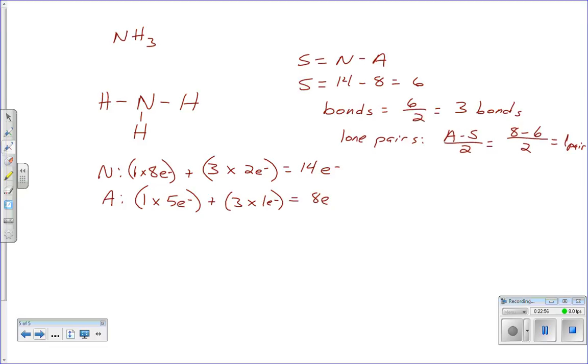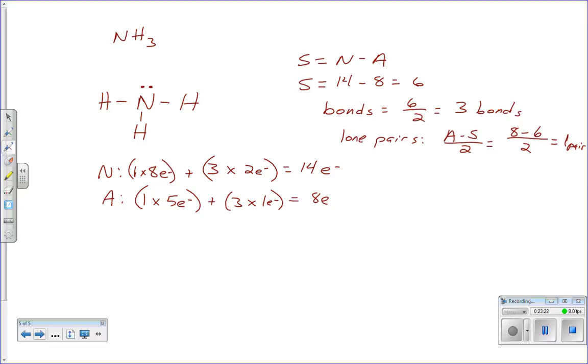So, the rule is, I didn't say it before, but I'm going to say it now. The rule is, if the terminal atoms are already filled with the number of electrons they need, then any lone pairs that are left over go on the central atom, which in this case is good because right now this nitrogen just has the 3 bonds, which is a total of 6 electrons. It wants to have 8.